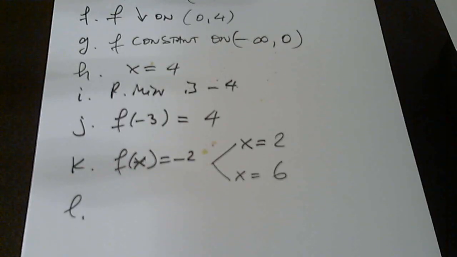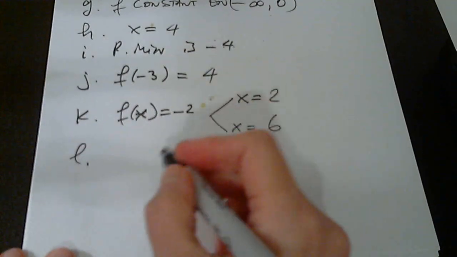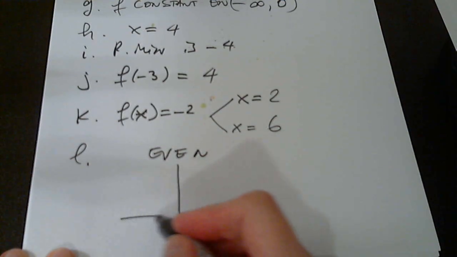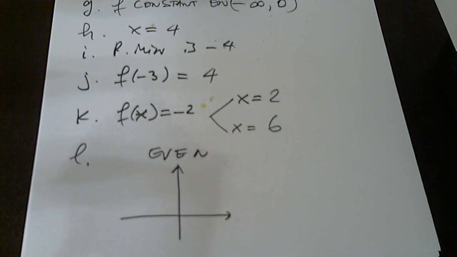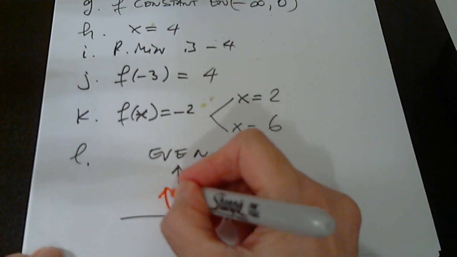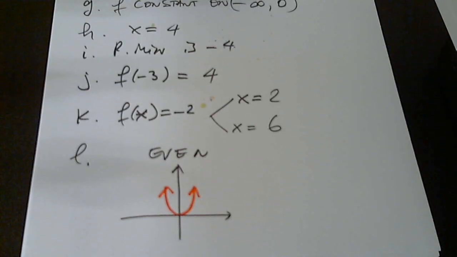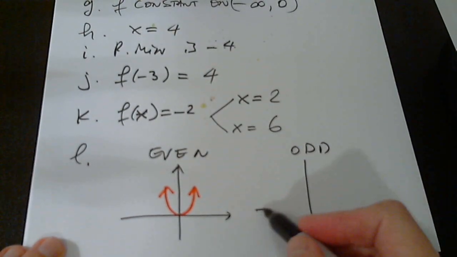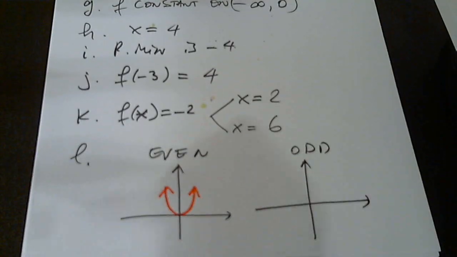Let me refresh your memory how an even function looks like, which is symmetric with respect to the y-axis. And how does an odd function look like, which is symmetric with respect to the origin?